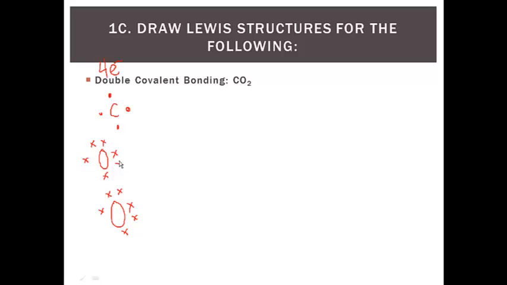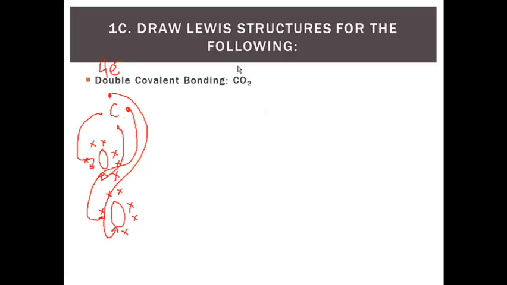Oxygen has 6 valence electrons. You can see that there's a couple of holes here where the carbon electrons could fill in. So one can go there, another one can go there. These guys can come down here. So we can see that we're going to fill in these electrons.